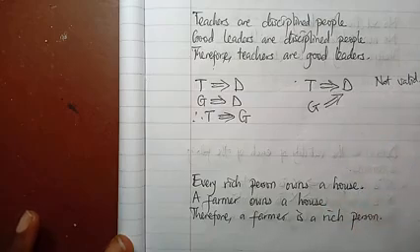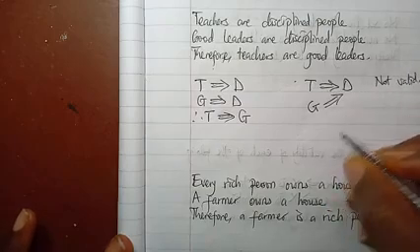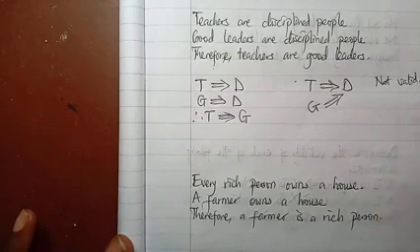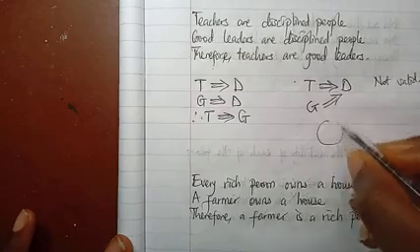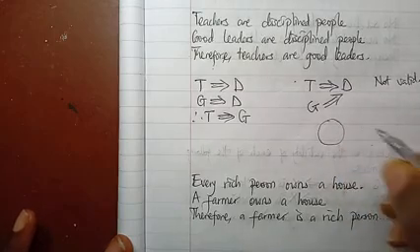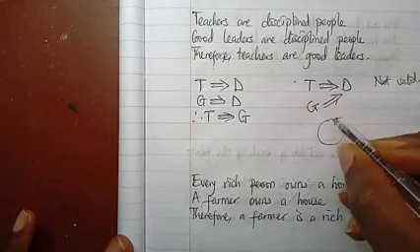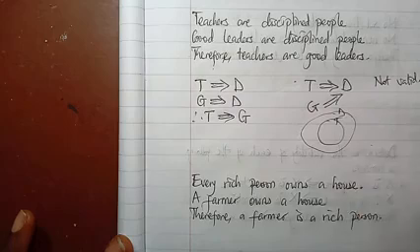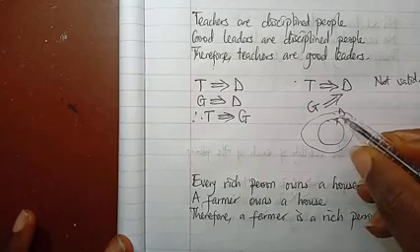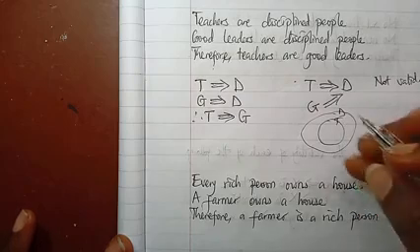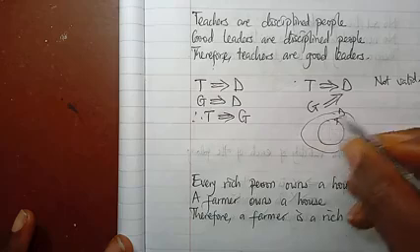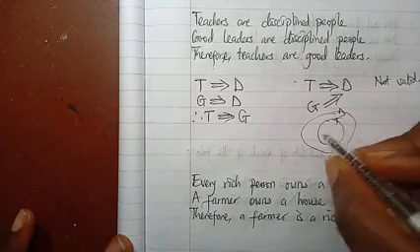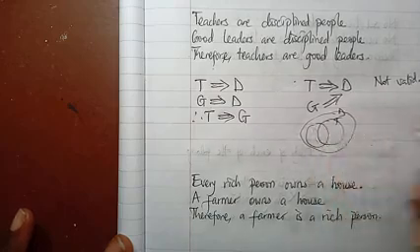Let's draw it in a Venn diagram. We have that teachers are disciplined people, and we also see that good leaders are also disciplined people. So good leaders are also inside this set of disciplined people, and some of them may merge as teachers too.